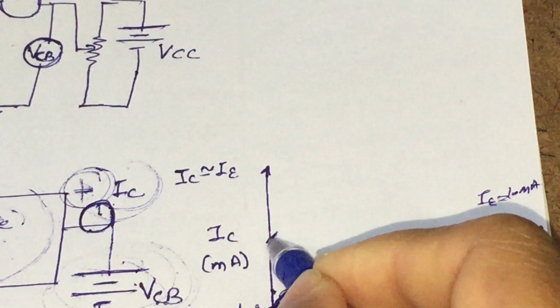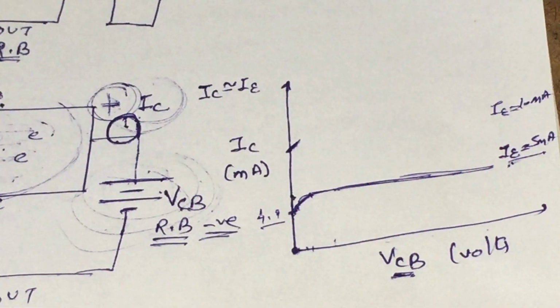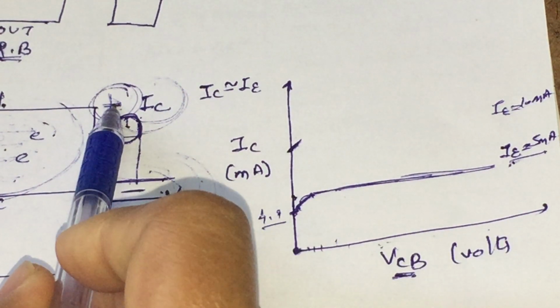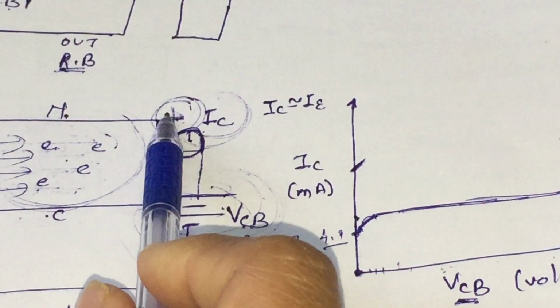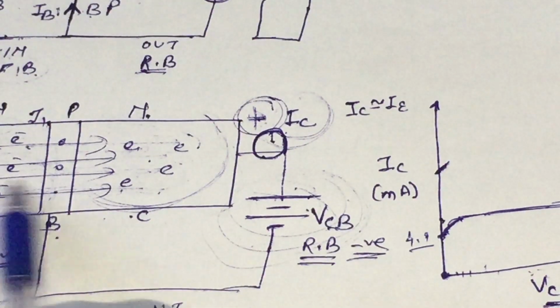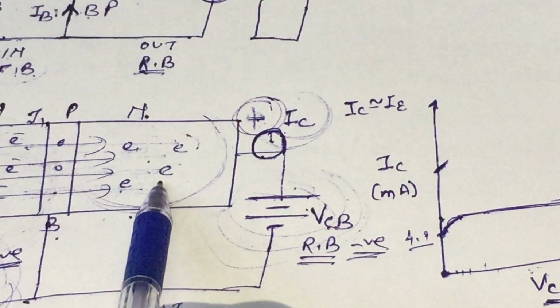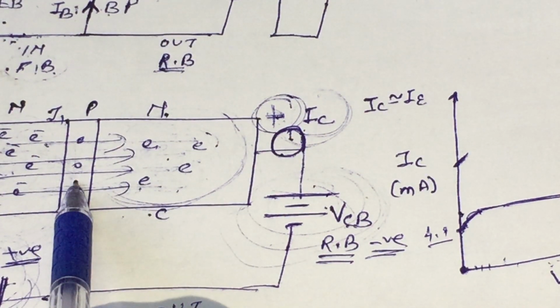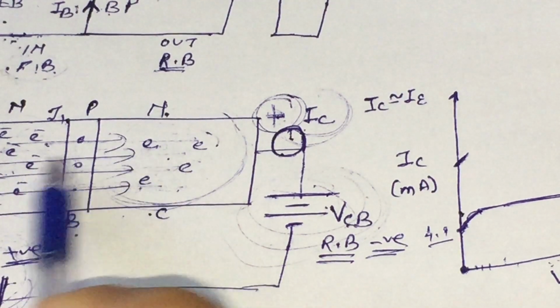It means we will have some 9 milliampere of current, and if we further increase the voltage, making this terminal positive, the speed of the electrons will increase, but out of 200, let us consider 194 or 196 electrons are approaching this region.